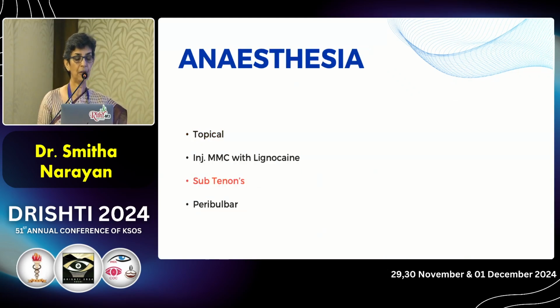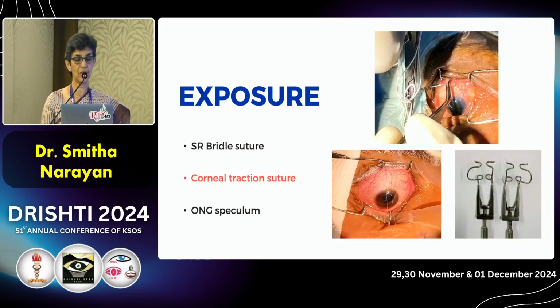I usually prefer subtenon anesthesia because it can be reinforced more and more. People do give peribulbar anesthesia, but you must be careful not to give adrenaline and not to give pressure post anesthesia. Many people prefer to do it with topical anesthesia.